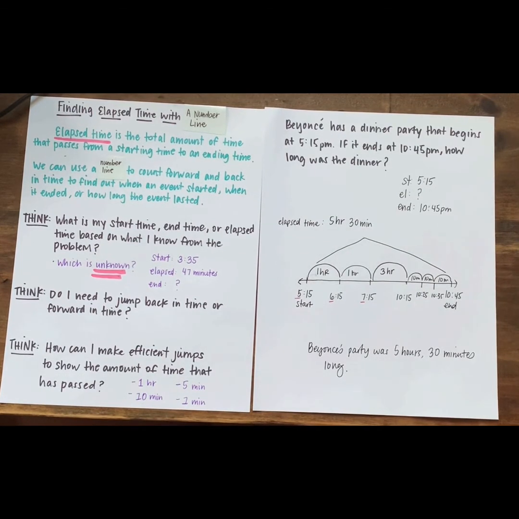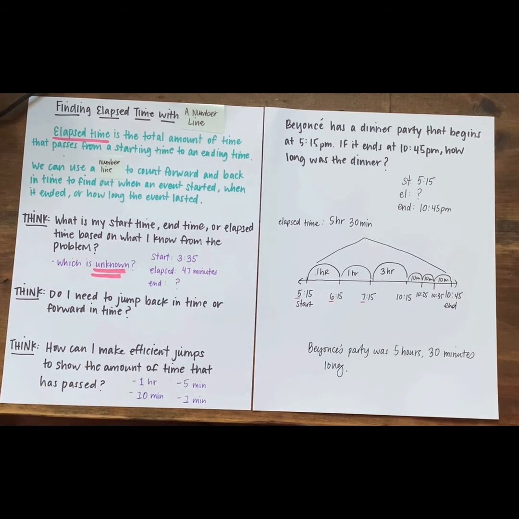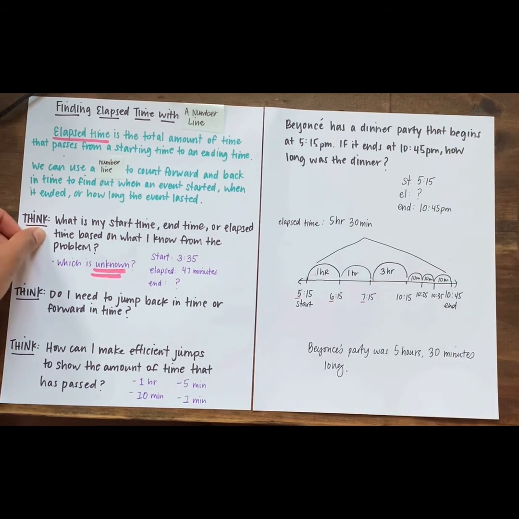How did we use a number line today to solve for the missing elapsed time? Say your answers out loud. That's right. We use the same thinking steps as before, starting by thinking, what is my start time, end time, or elapsed time based on what we know from the problem, and asking ourselves, which is the unknown?